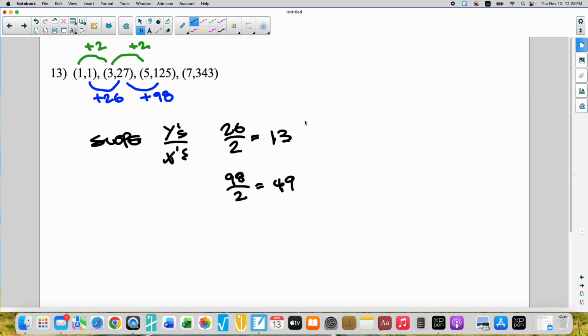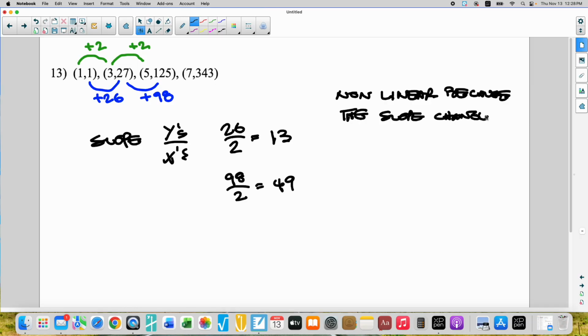So it is nonlinear because the slope changes from 13 to 49. And you only need 2 to show that they're different. So this is nonlinear because the slope is changing. It was 13, now it's 49. It'll be something different even here.